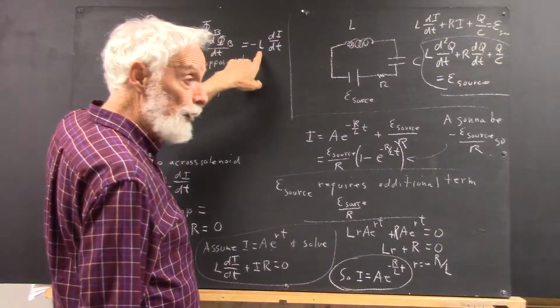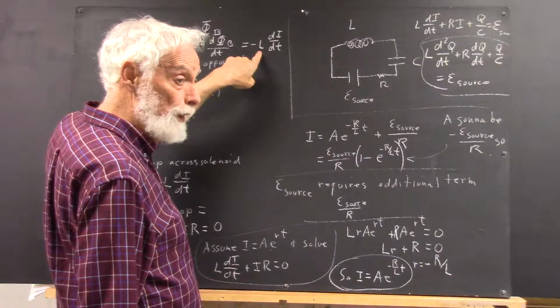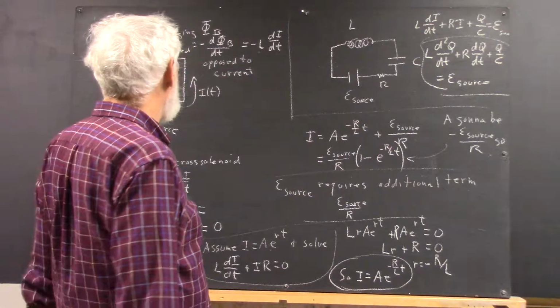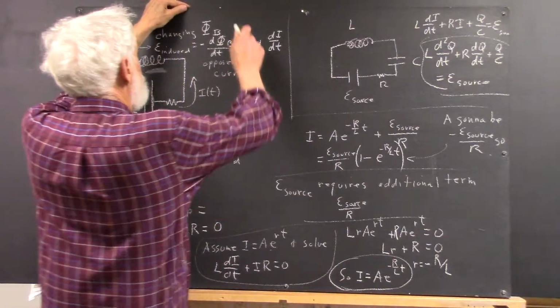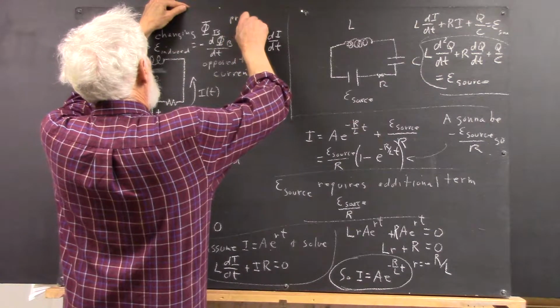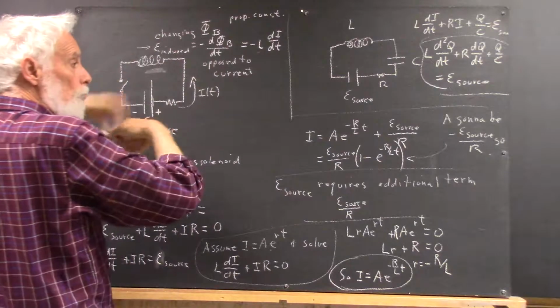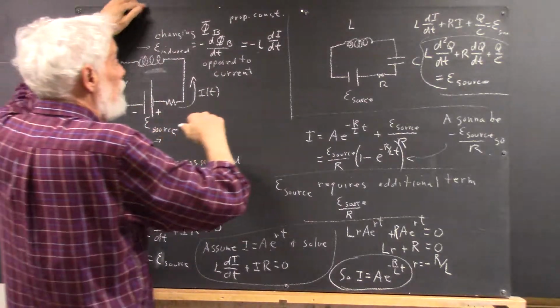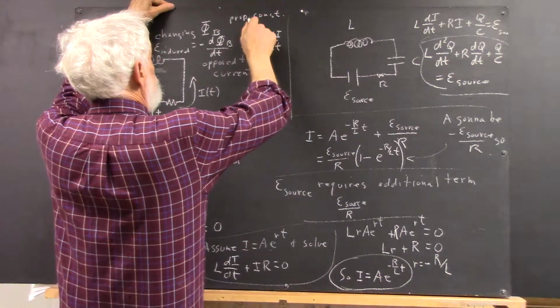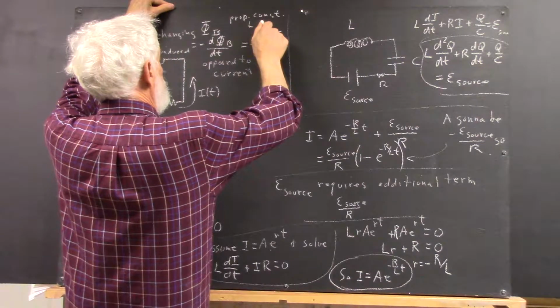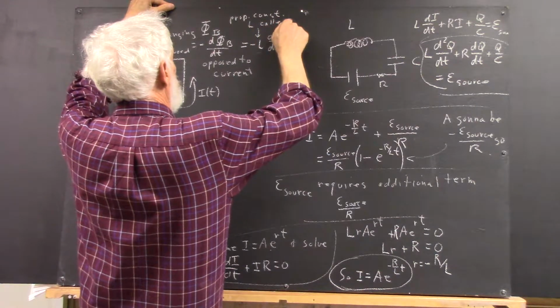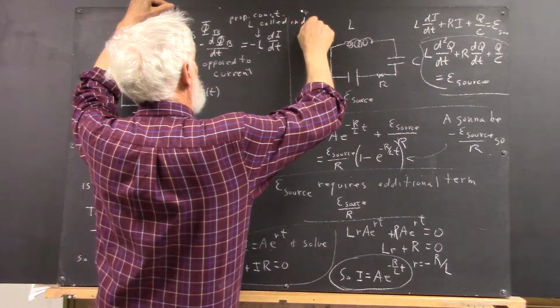There's a proportionality constant that we call L, and that's called the inductance. L is a proportionality constant for that particular solenoid or loop or whatever it happens to be, and that's called inductance.